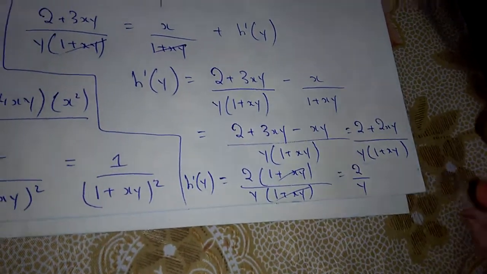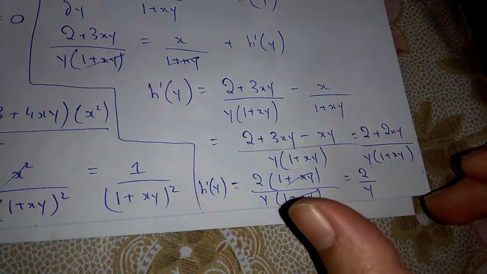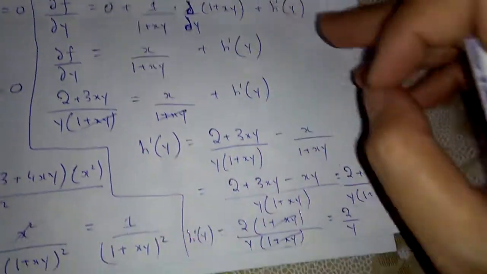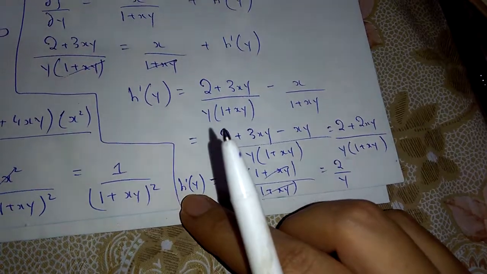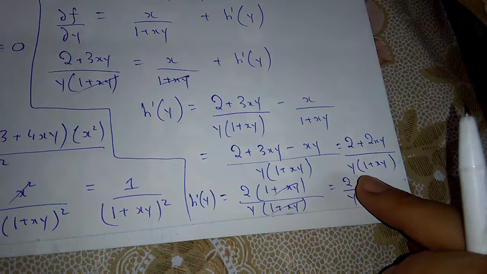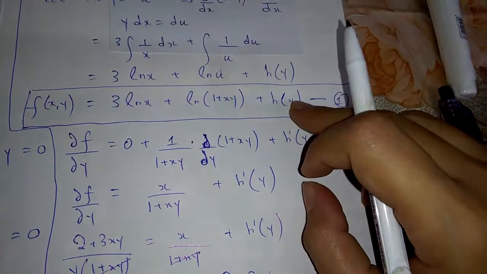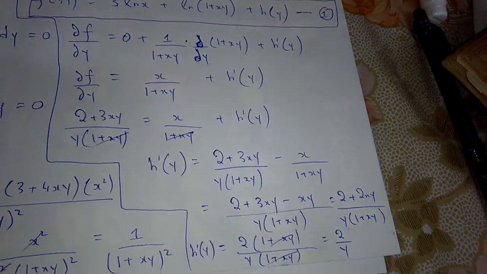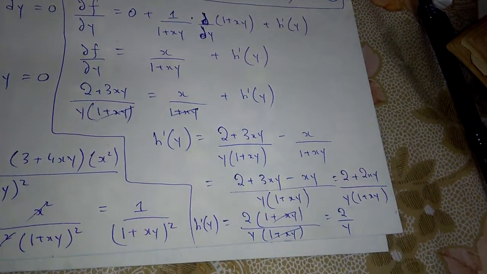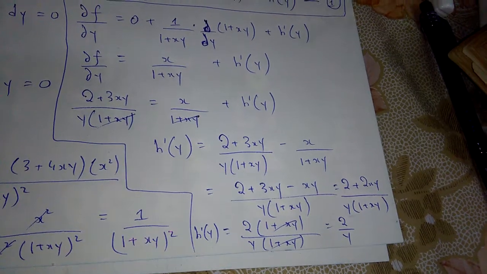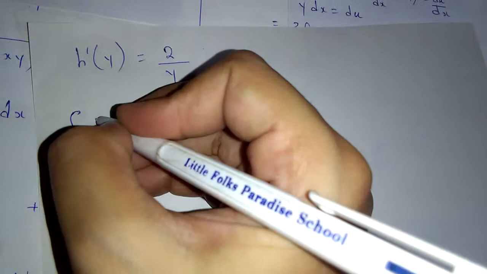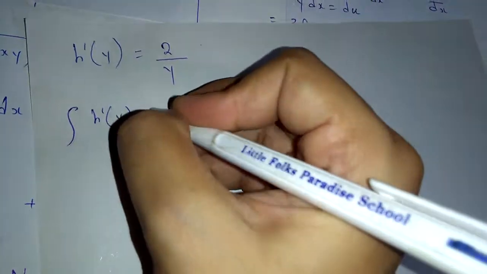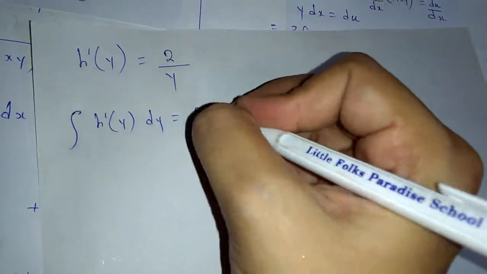Alright, this is it. Now we have to obtain h of y. So what we do is integrate h prime y, and we are going to get the value of h(y) that we are going to substitute here, and we will get our function back. So my page is exhausted. Now let me manage a new page to continue the work. That's what we have just obtained, and let us now integrate this function with respect to y.